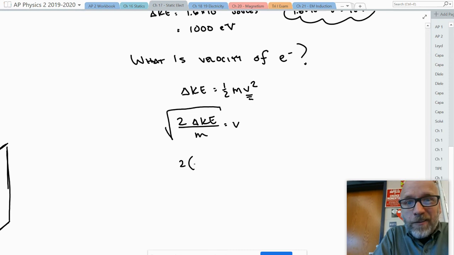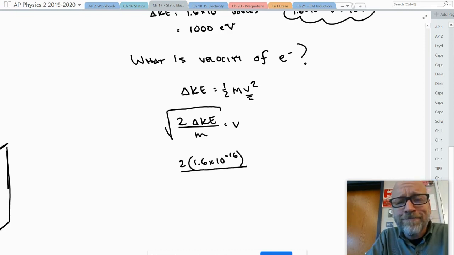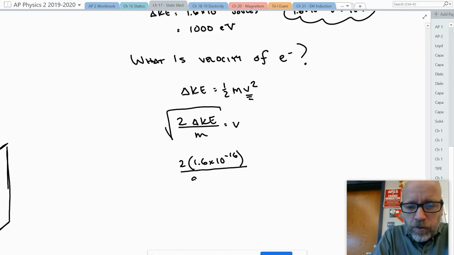We're using mass, which has kilograms in it, so I need to use energy in joules. And the mass of an electron, some of you know it, but others, you can just look at the chart. It's 9.11 times 10 to the negative 31.